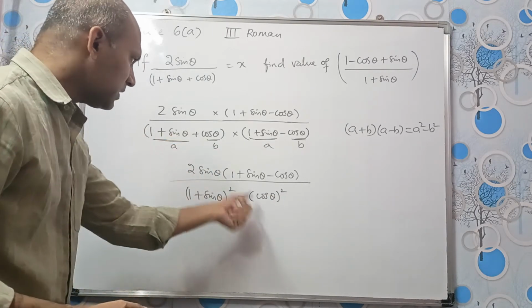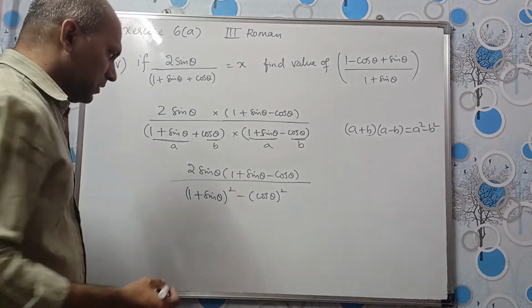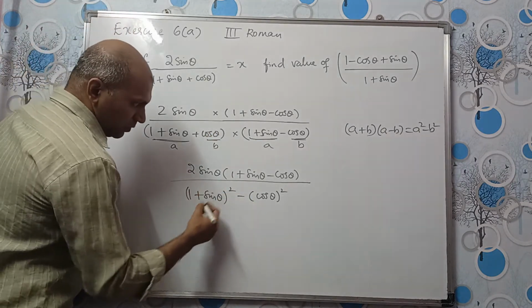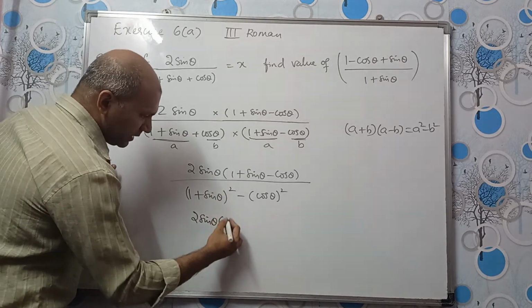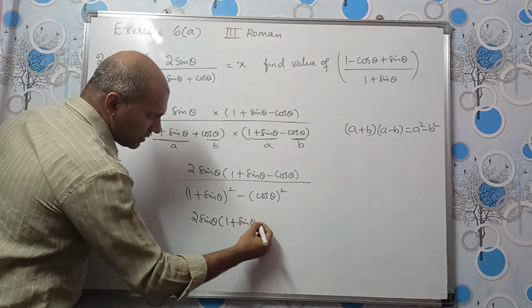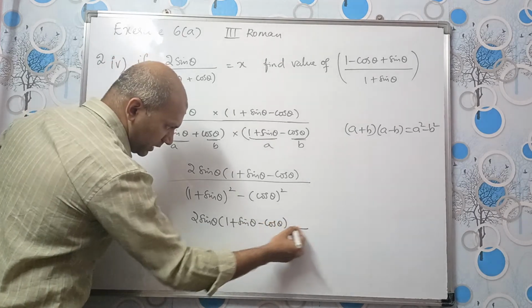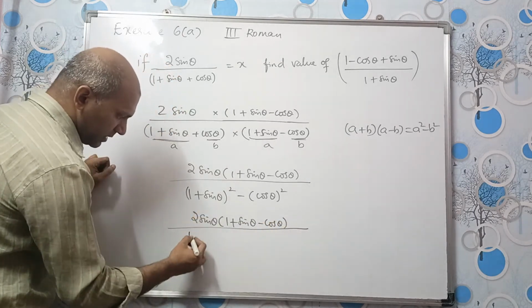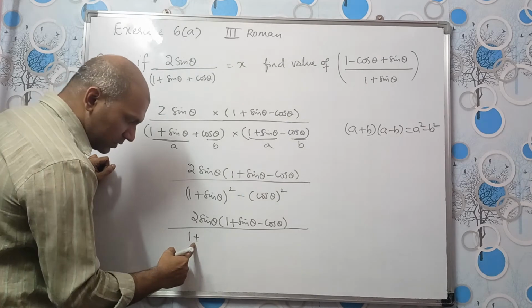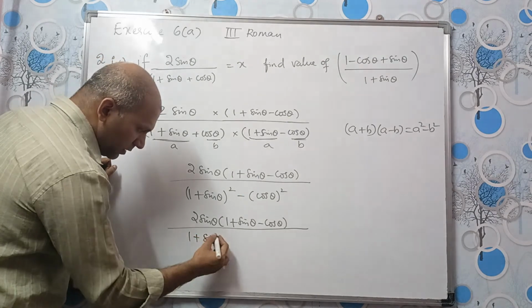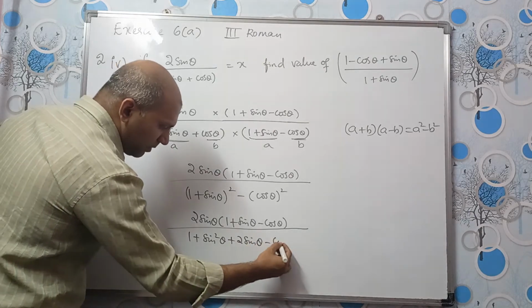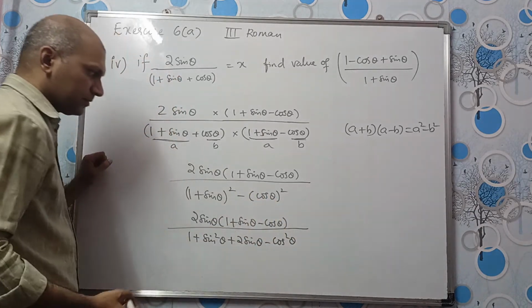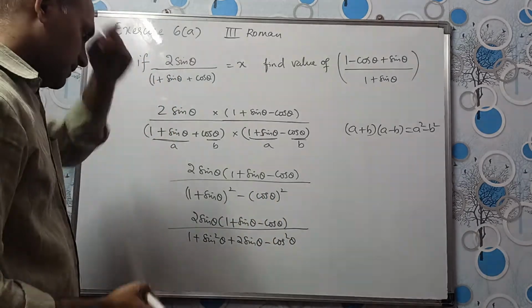So A square minus B, B is cos theta. Okay, so what will come in the denominator now? Numerator is 2 sine theta, 1 plus sine theta minus cos theta, whole divided by, let us expand this, A square, that is 1 square is 1, plus sine square theta plus 2 sine theta, minus cos square theta, right?